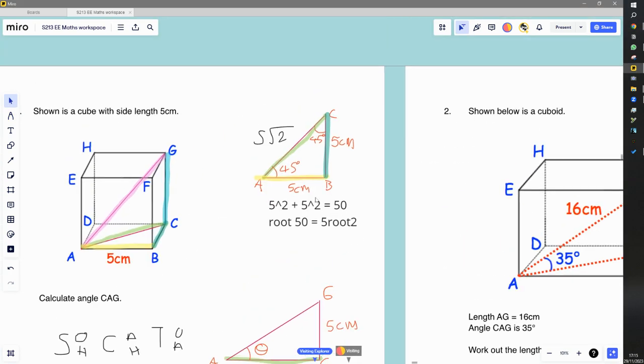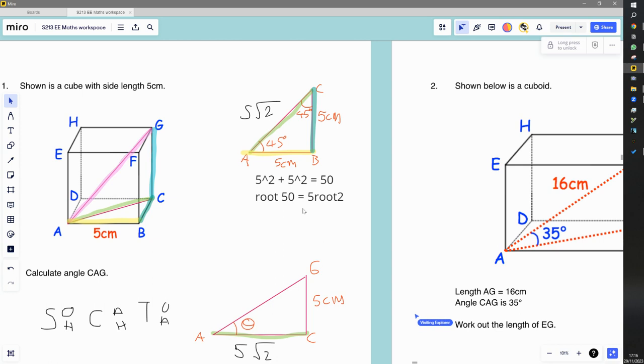Right, so first triangle. Yeah, you've used Pythagoras, so a squared plus b squared is equal to c squared. Don't forget to square root the answer. If you do 5 squared plus 5 squared is 50, don't forget to square root it. So that would just give you root 50. You can simplify it. You don't actually need to.